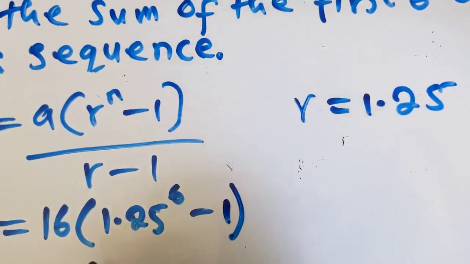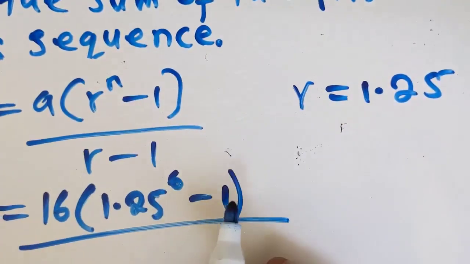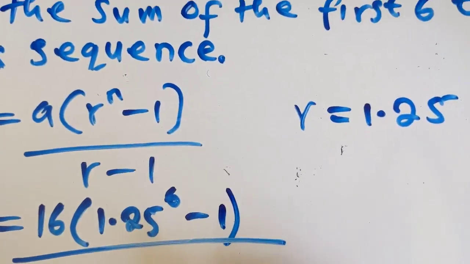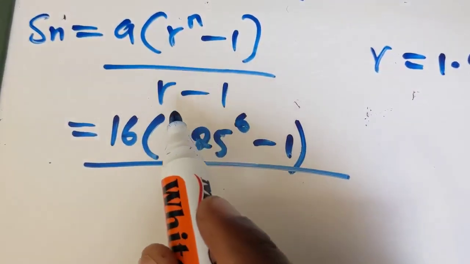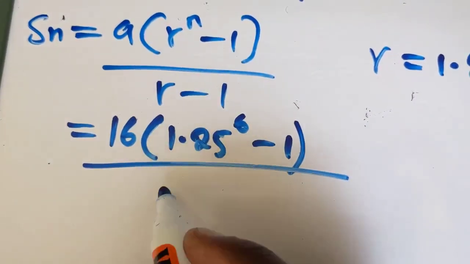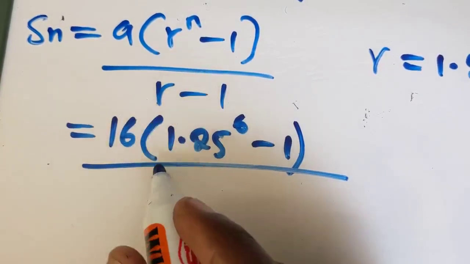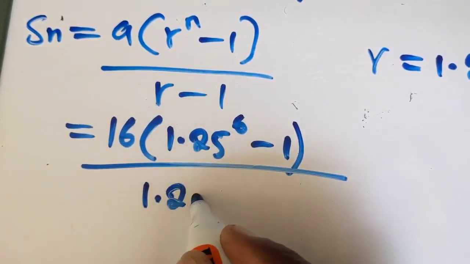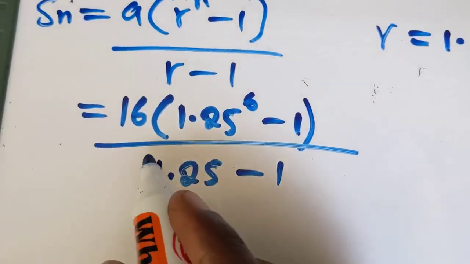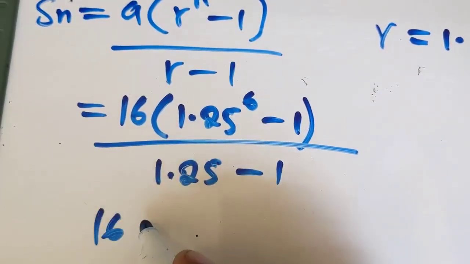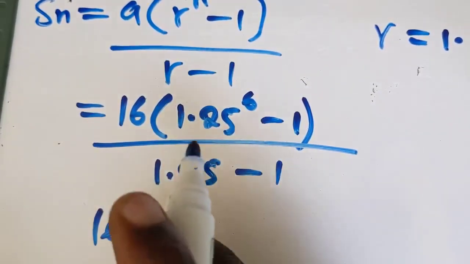Then you close the bracket, over the common ratio. Here we are going to put 1.25 minus 1. So it is going to be 16 multiplied by that one.